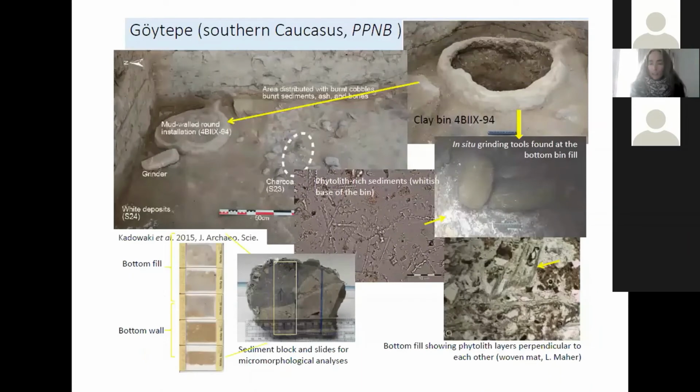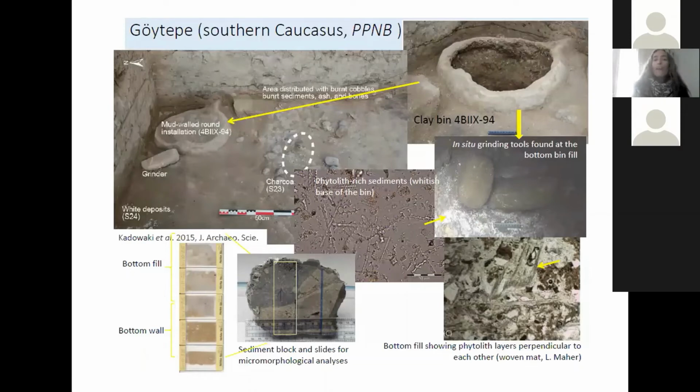It's an example which compares very well with this one, which is also a project by the Japanese team in collaboration with the Azerbaijan Academy of Sciences, also in the Southern Caucasus in Azerbaijan. Tepe is also a pre-pottery Neolithic site.